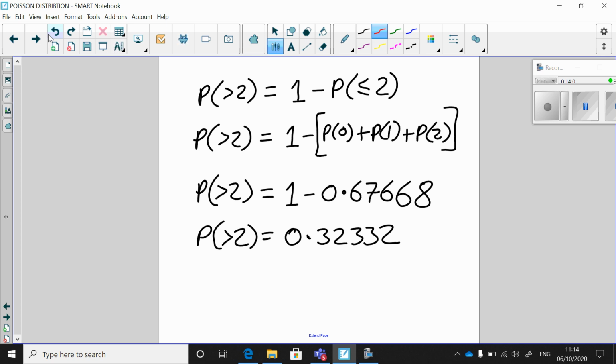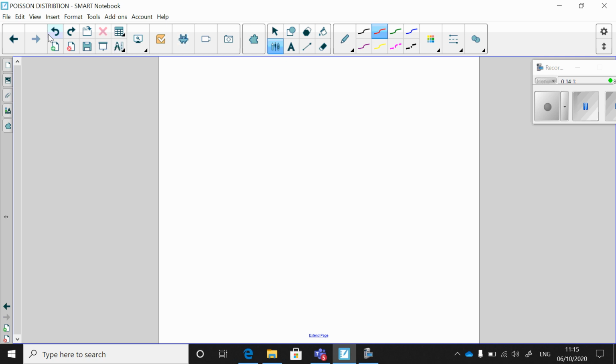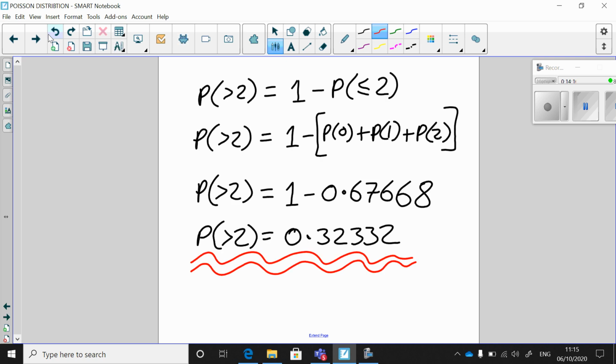But the thing is, that was the probability of 3, 4, 5, 6, 7, 8, 9, all the way up to 2000, having an adverse reaction. So the statement I would make here is that the probability of more than 2 suffering an adverse reaction to the serum would be 0.32332, or you could have rounded that to 32%.